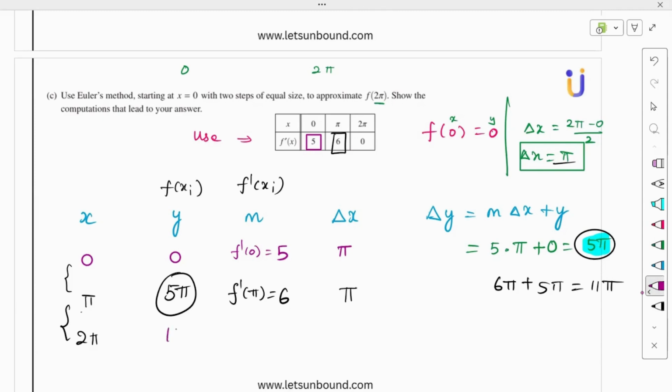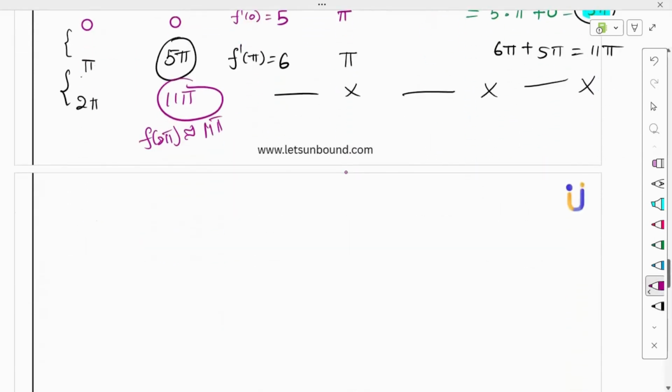Now this 11 pi will come here. That is your f of 2 pi, approximately. We don't want to do anything in the last row in Euler's method. So that's it. We have approximated f of 2 pi as approximately 11 pi.